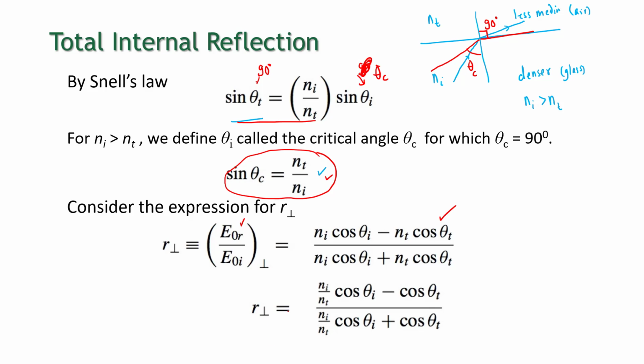We can write this as ni over nt. If I divide the numerator and denominator by nt, then I get this expression. So ni over nt, ni over nt, and for the second term you cancel nt and nt, so you get 1 and 1 there. So this is the same expression with a little bit of modification.